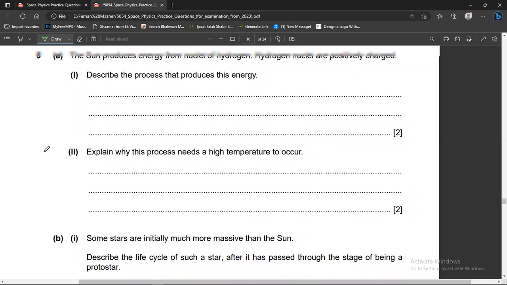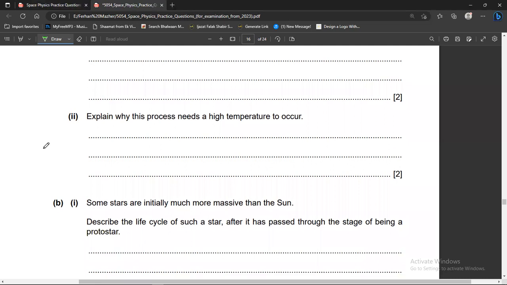Okay. Question number 5A, second part. Explain why this process needs high temperature to occur. You see, the nucleus of hydrogen and the other nucleus of hydrogen, they both are positively charged. And they repel each other with a very strong force. To overcome that repulsive force, we need a high temperature.